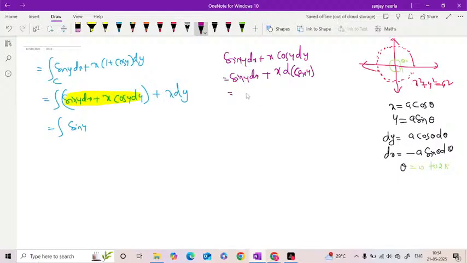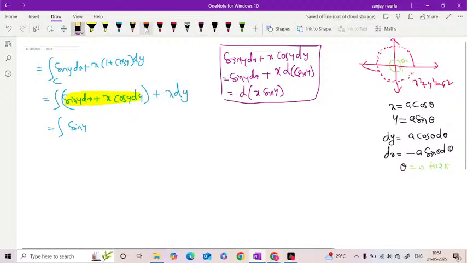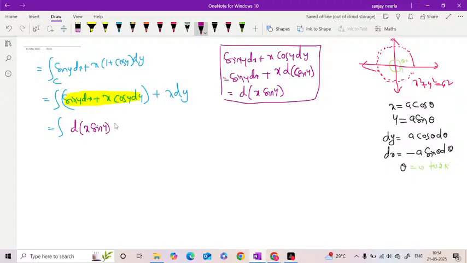By using the product rule, we can write it as the derivative of x into sin y, plus the integration of x into dy.